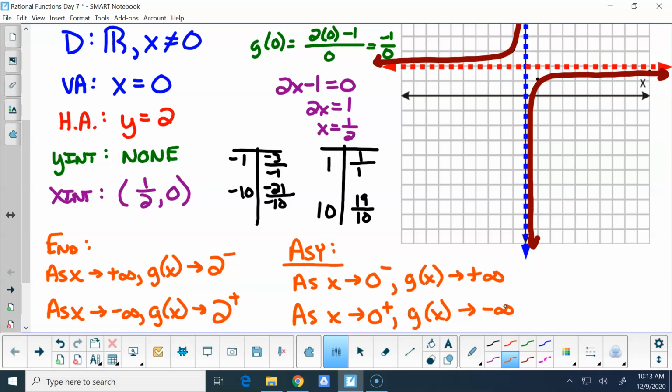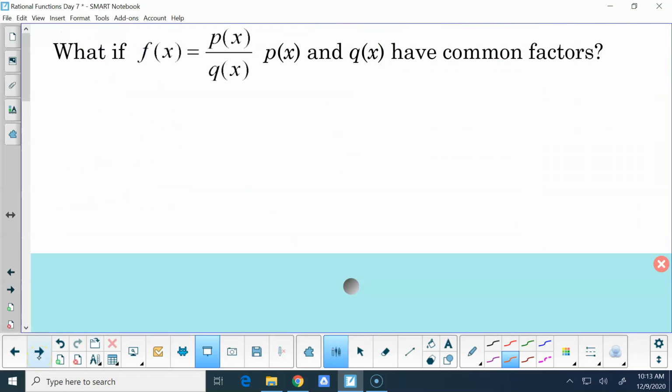Next. So, what happens if my numerator and my denominator have common factors? What I mean by that is, what if we ended up with something like 6/8? Do I like the fraction 6/8?